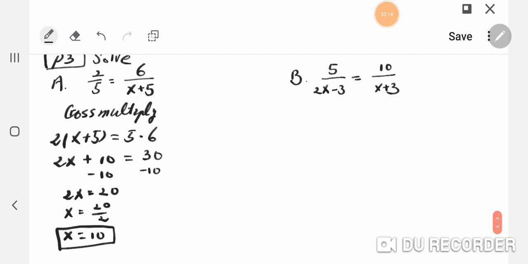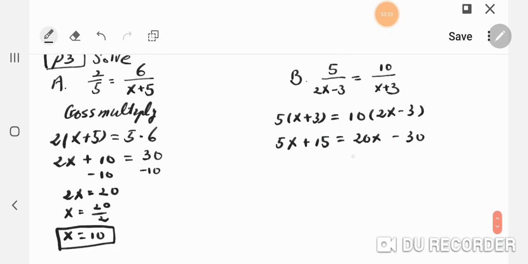Okay, let's try letter B. Cross multiply. So 5 times x plus 3 equals 10 times 2x minus 3. Then distribute. So 5x plus 15 equals 20x minus 30. And then minus 20x each side. Let's move right to the left.